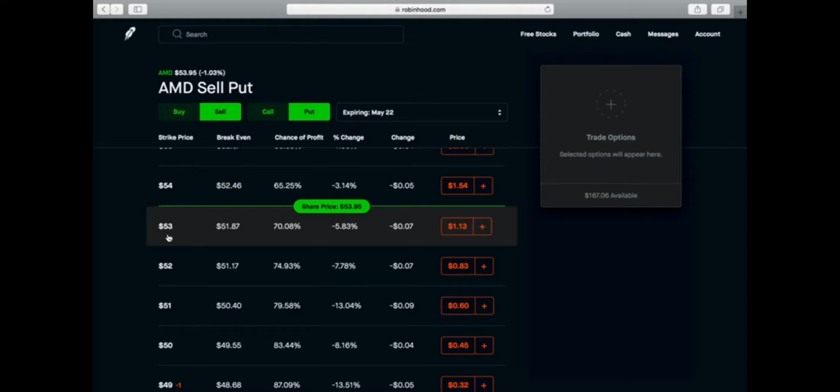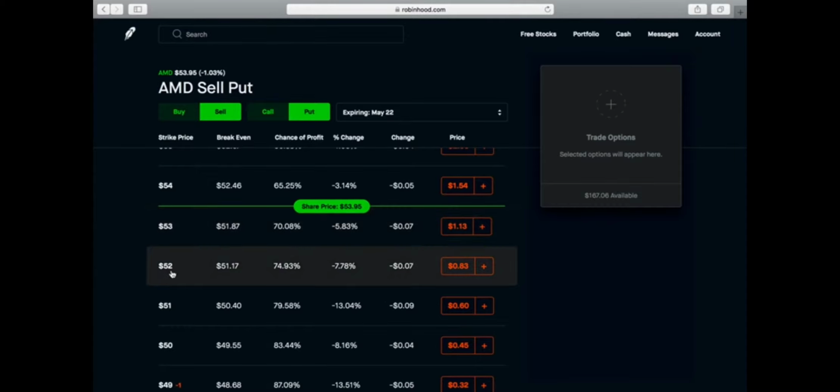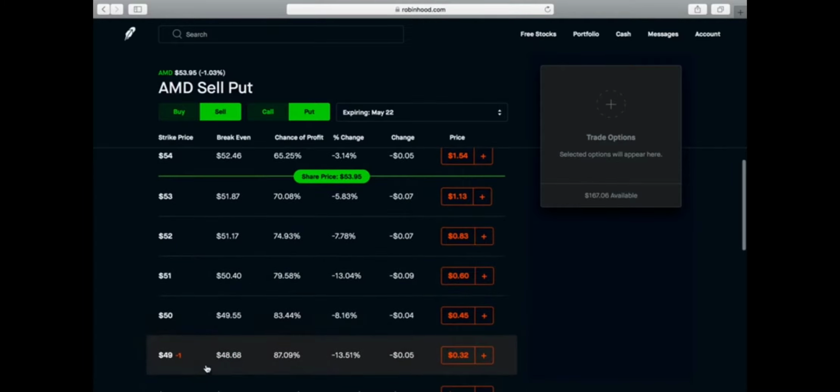The catch here is, if it does fall below 53, let's say it falls to $52, you're buying 100 shares of AMD at 53, even though it's 52. But that's okay, because I'm going to show you guys how you turn that around, and that's why this concept is called the wheel.